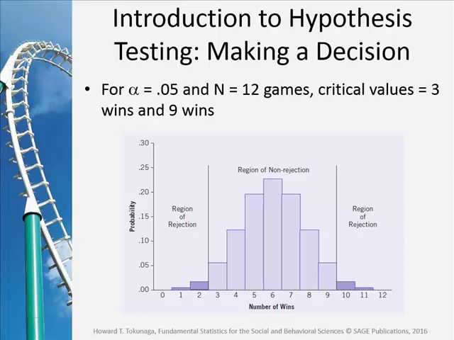Okay, let's translate this into something that makes sense. According to the binomial distribution, I have to win 10 or more games to reject the null hypothesis that the coin toss has no influence of winning the coin toss.